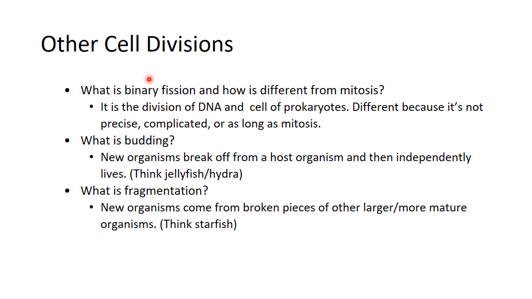But simple cells like bacteria, namely prokaryotes, they're going to divide using that simple version where they basically just kind of rip themselves in half. They copy their DNA and they rip themselves in half. There's no spindle fibers. There's no cool organelles. They just kind of split. And it doesn't take as much time as mitosis.